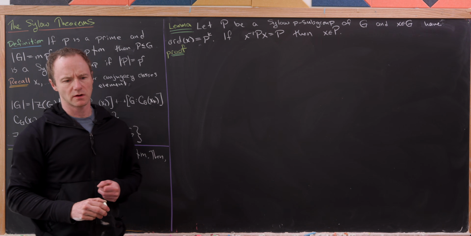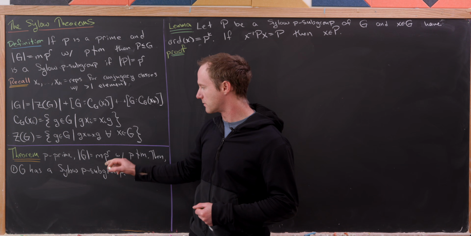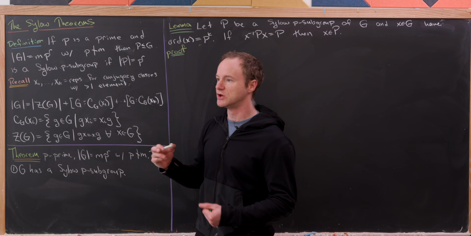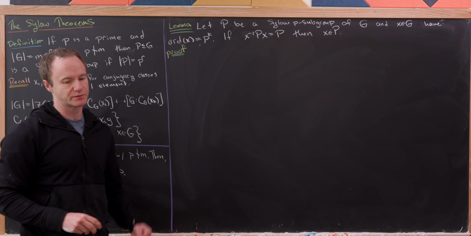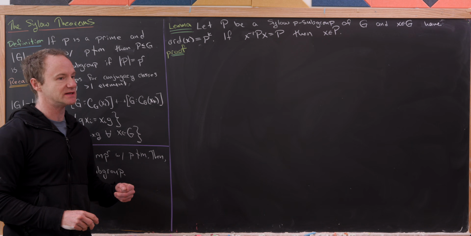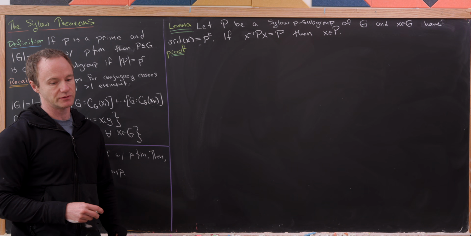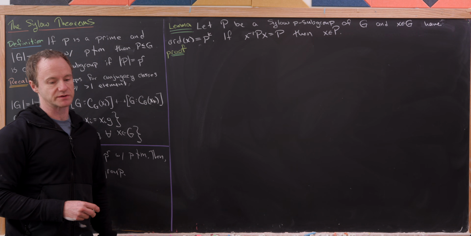All right, so of course I numbered my first Sylow theorem over here, so you might guess that we've got a couple more coming in. In fact, there are 3 Sylow theorems, and we're going to need a couple of lemmas to prove the second one. So let's look at our first little result.